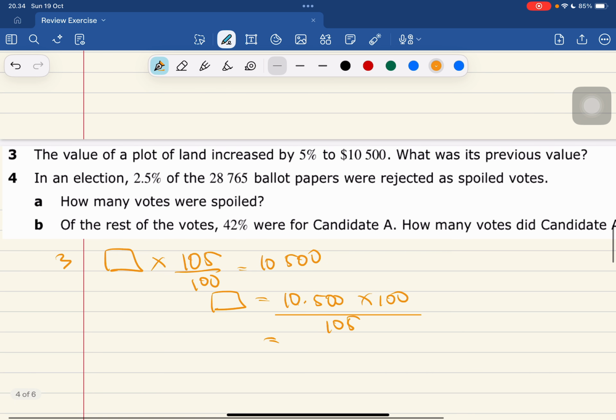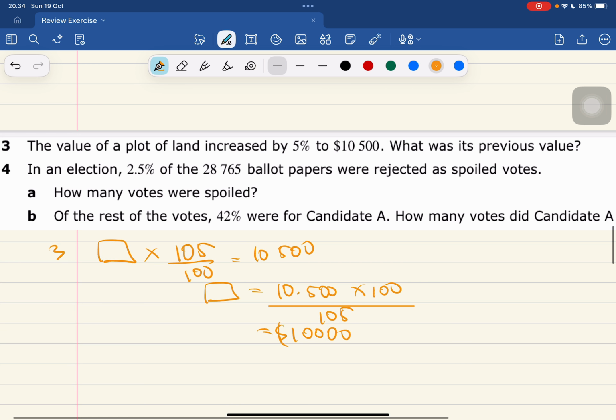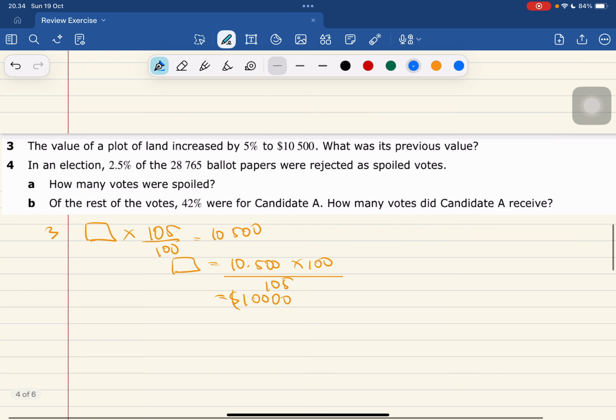So look at it, it's going to be 1, 2, 3, 4. 1, 2, 3, 4. So the answer is going to be 10,000.